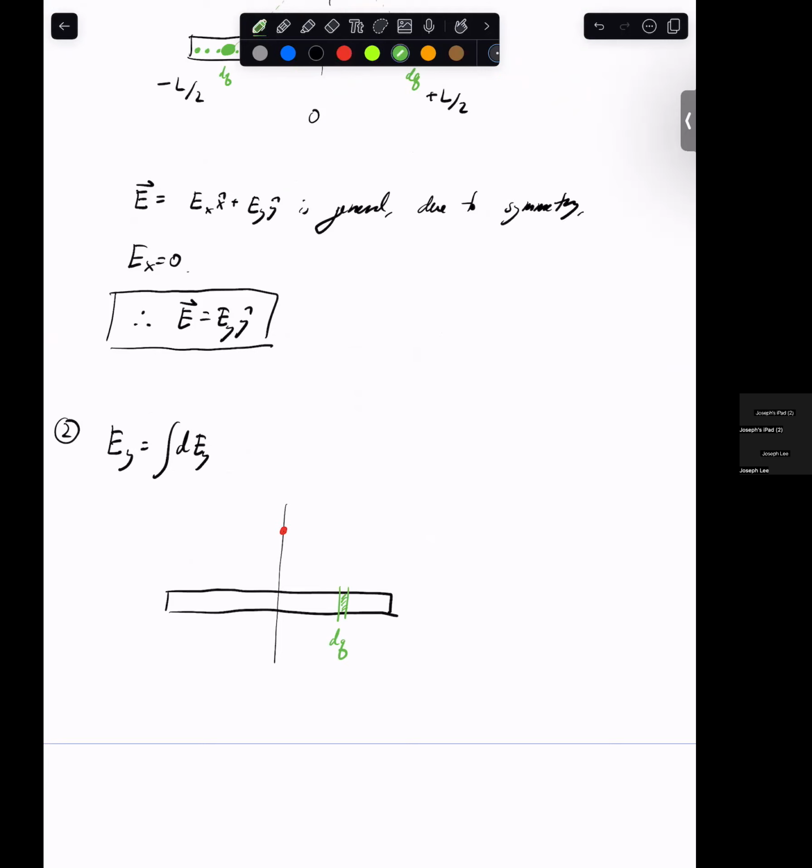The net electric field will be some component that goes like this, right? But if we only want the component that goes upward, maybe not that angle, but this angle over here would be better. Call this angle theta.